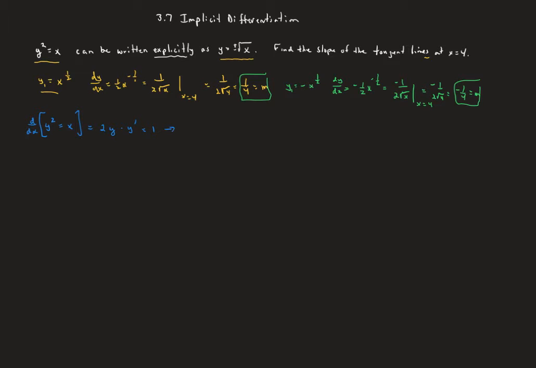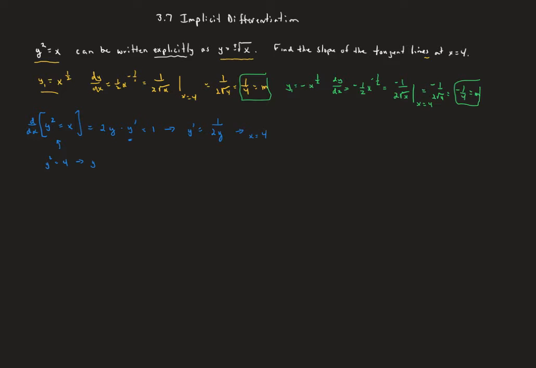So from here we can solve for that y prime, and so when we divide that 2y to the other side, we get that y prime is 1 over 2y. So we could still now solve for this at x equals 4. But now what we have to do is come back to here to solve for what is y when x is equal to 4.